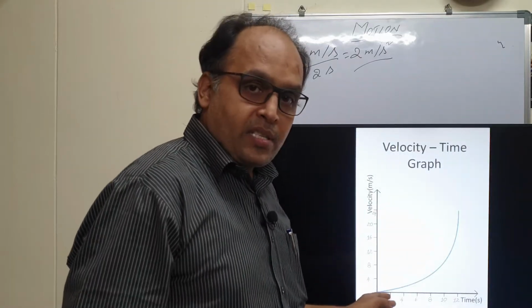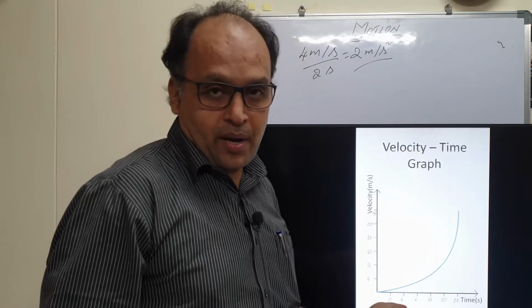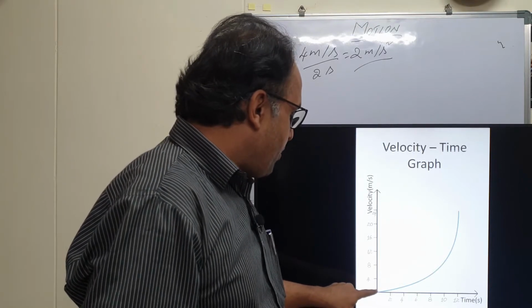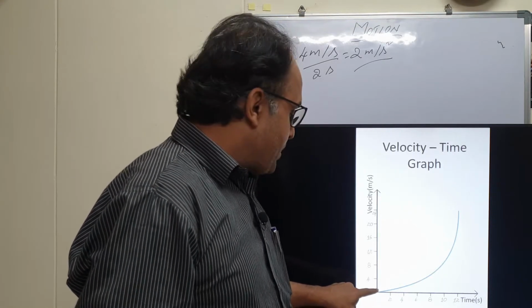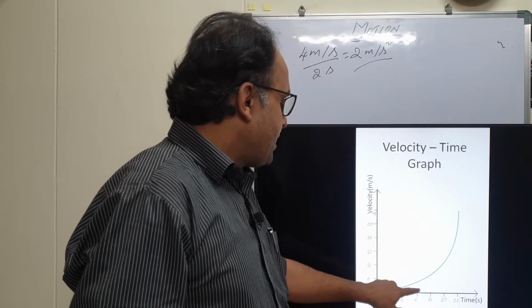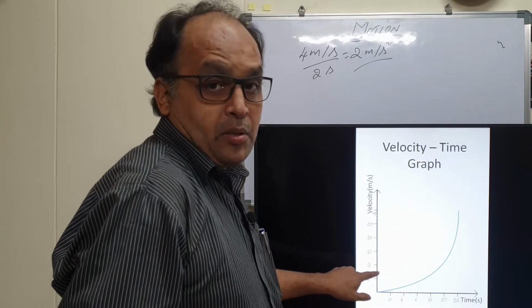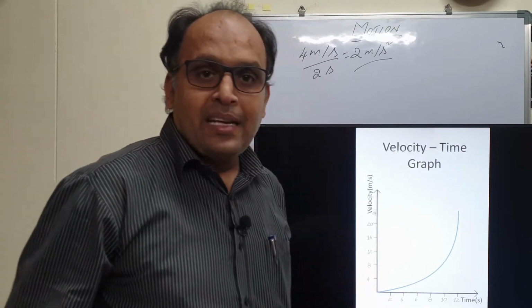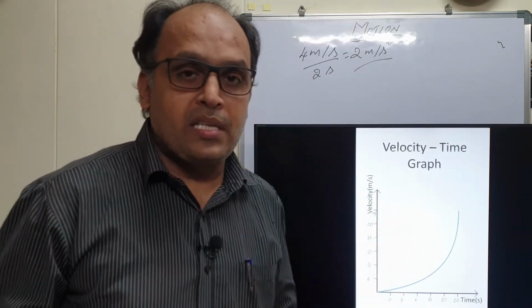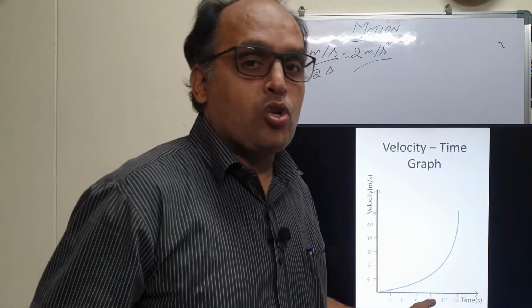We came across the same thing in the displacement time graph. Even here, if you look, after 2 seconds, the velocity is approximately 1 meter per second. After 4, it is around 2 meters per second. After 6, it is around 5 meters per second. So it does not have equal changes in velocity. The body's velocity is non-uniform here, and the acceleration is also non-uniform.